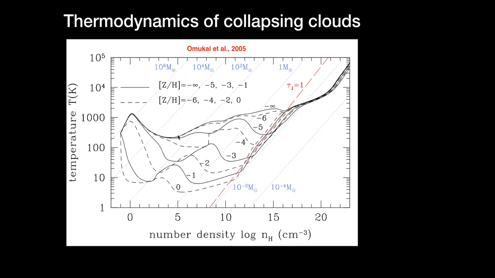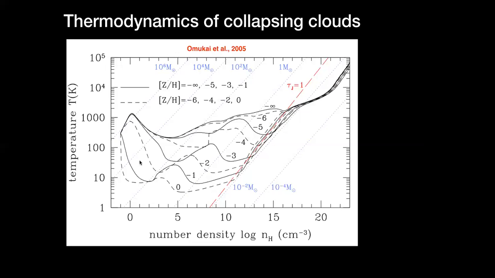As I discussed previously, the first stars were formed because of the molecular hydrogen, which dropped the temperature down to just around 200 Kelvin. So this picture gives you the idea of how variation in the metallicities of the gas affects the thermodynamical evolution of the gas. Thermodynamical evolution is quite important, again, when it comes to the star formation.